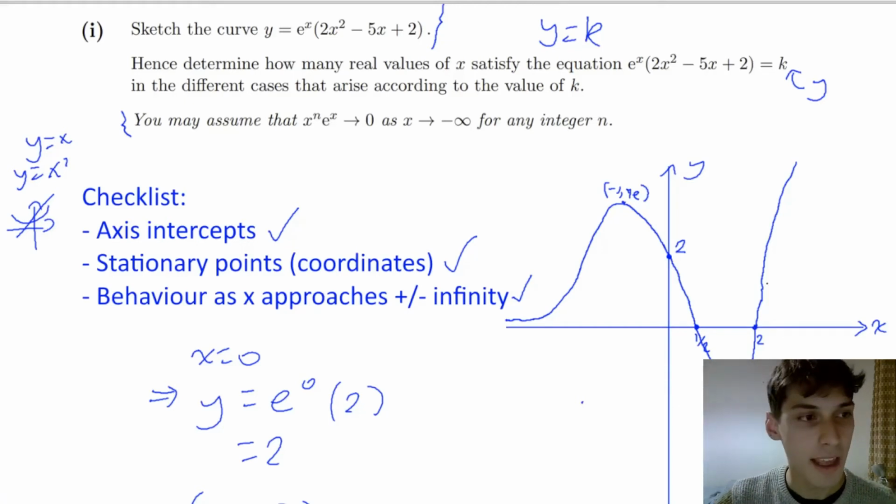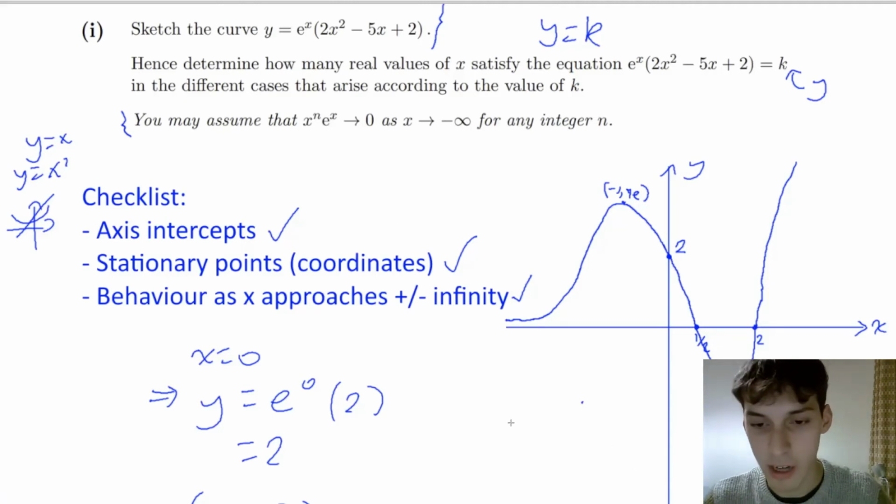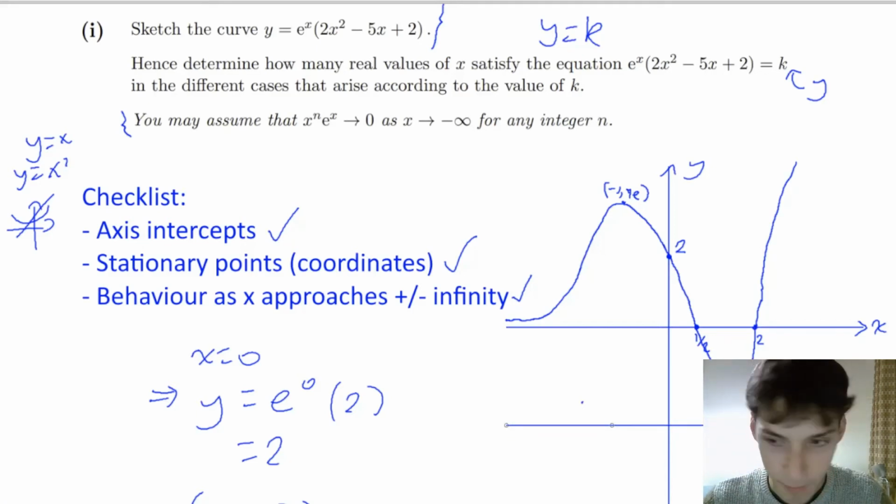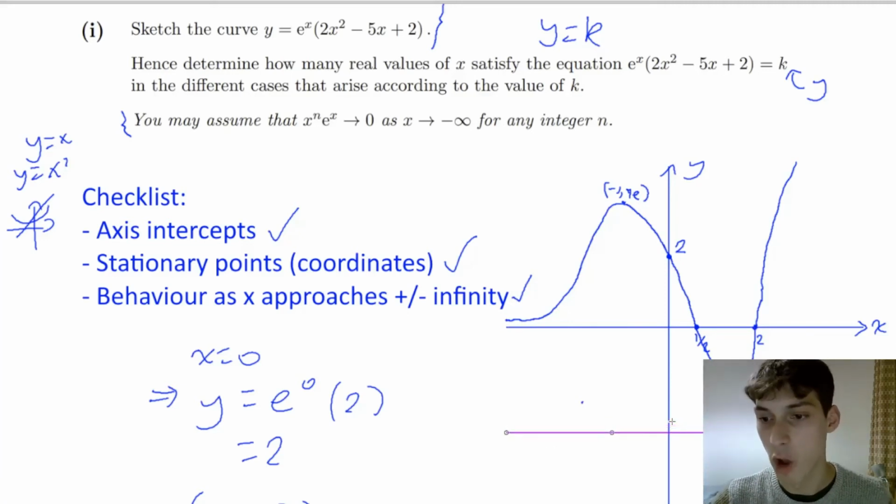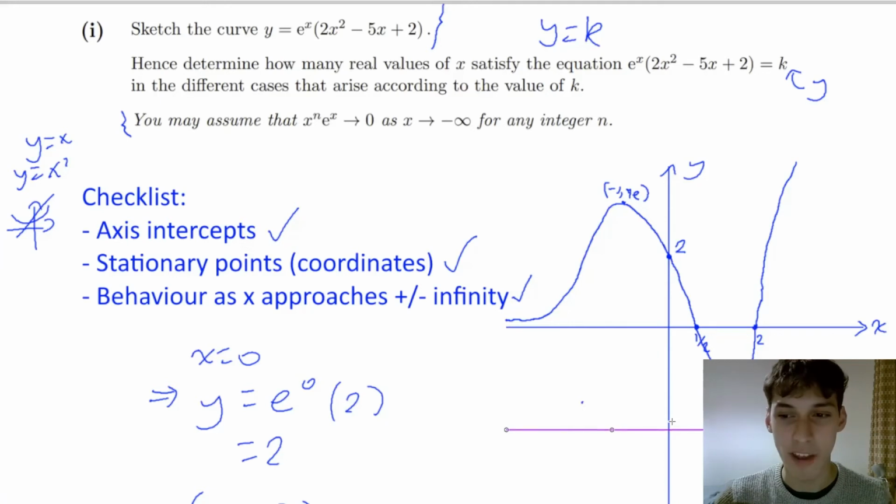So, okay, let's draw a line and see what it looks like. If this is, and I might just give it a different colour. There we go. If this is y is equal to k, let's say for some lowish value, then we're going to have no intersections. So there's going to be no real values of x that satisfy this.